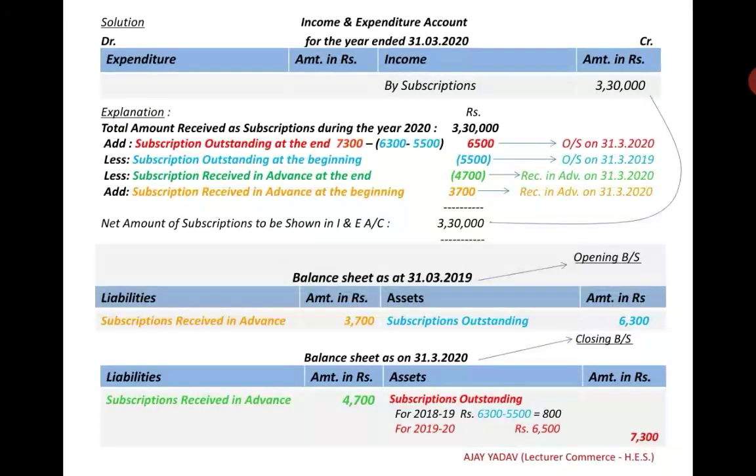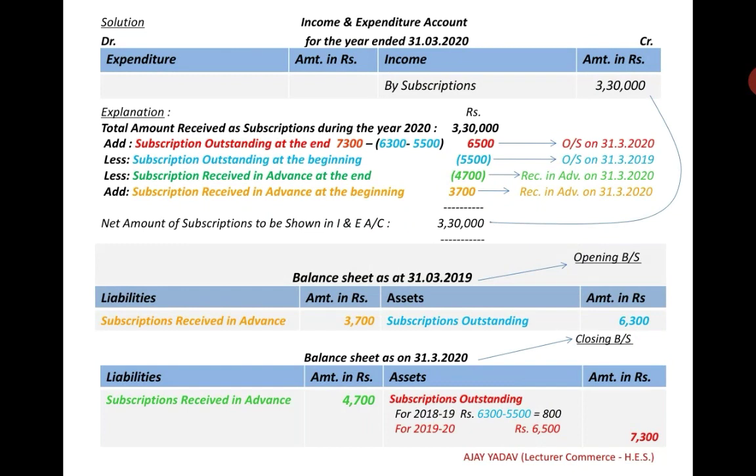While doing the treatment for the income and expenditure account, we should remember that subscription outstanding at the end, which is 7,300, includes the outstanding amount for the previous year too.